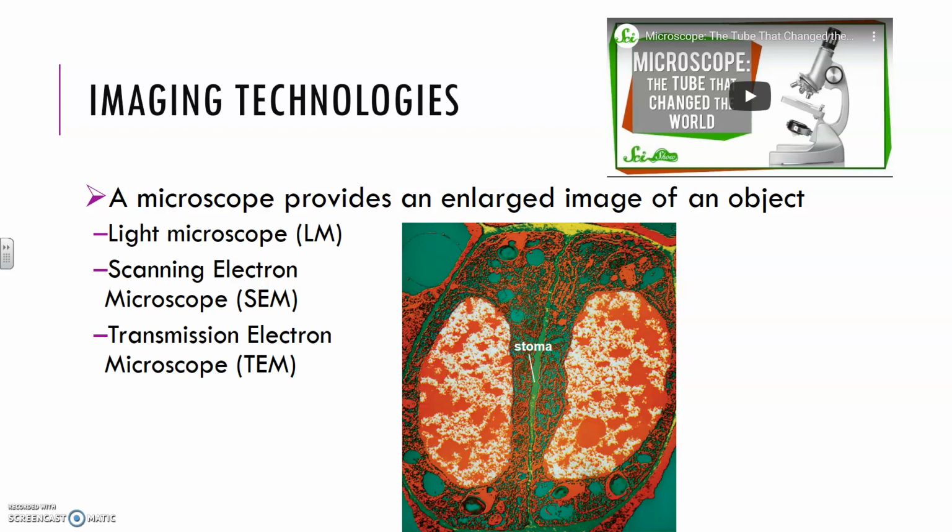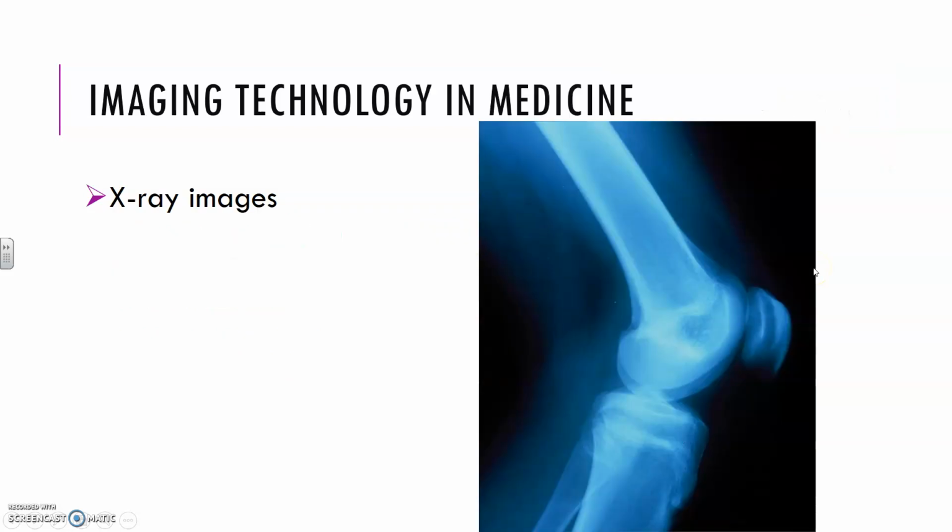Oftentimes you will use multiple different types of microscopes to get information about the same cell, okay, or the same sample. So we do have this video here about the history of the microscope, so make sure that you watch that.